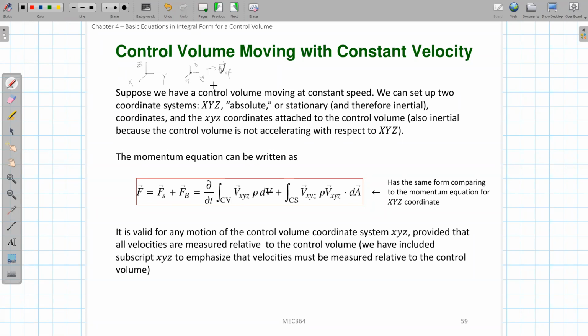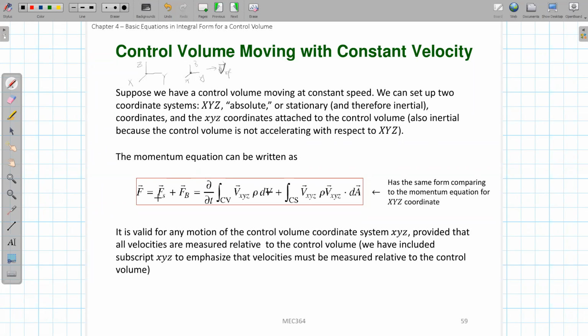And if we want to use the velocity and force values we measure inside this new moving reference frame, rather than the values we had before for the stationary frame, what does the momentum equation look like inside this new reference frame, small x, y, z?